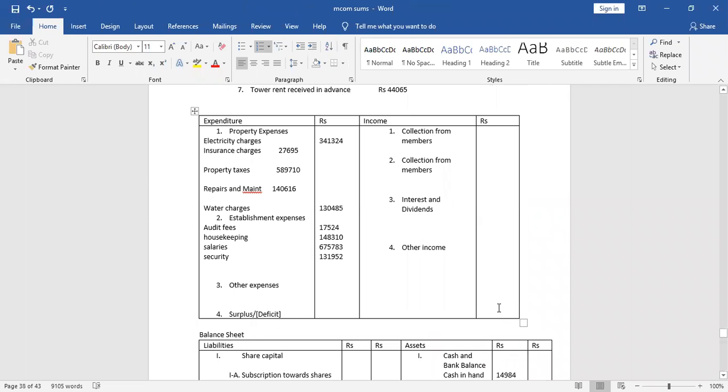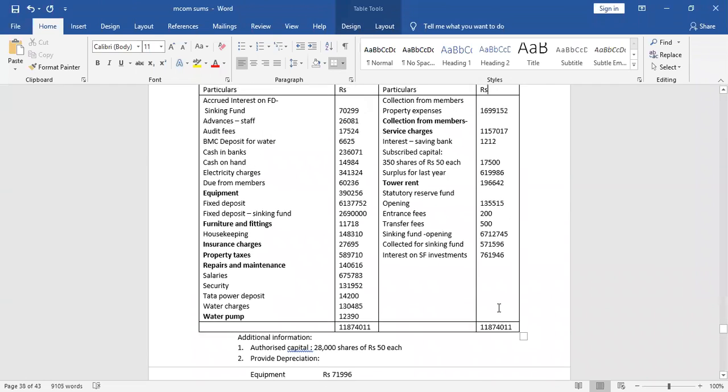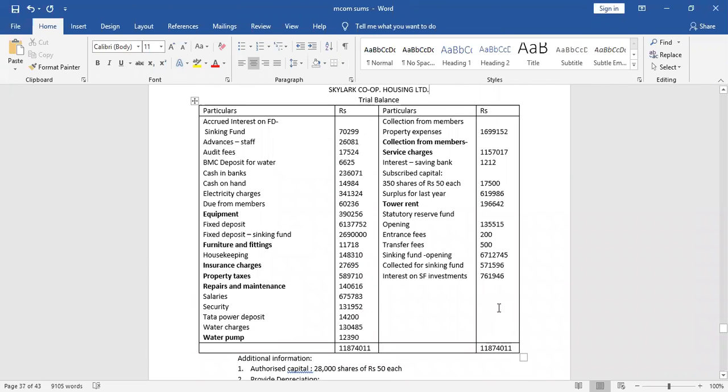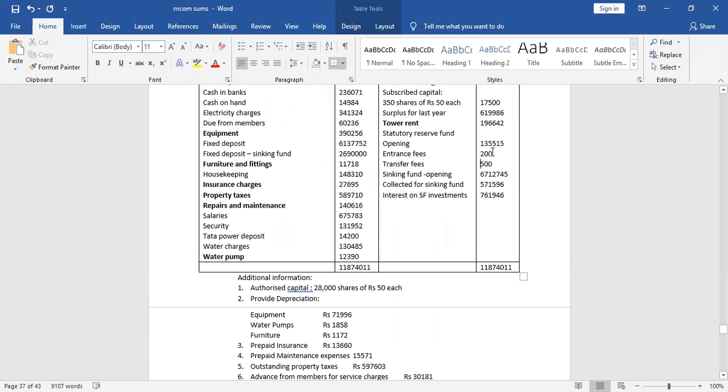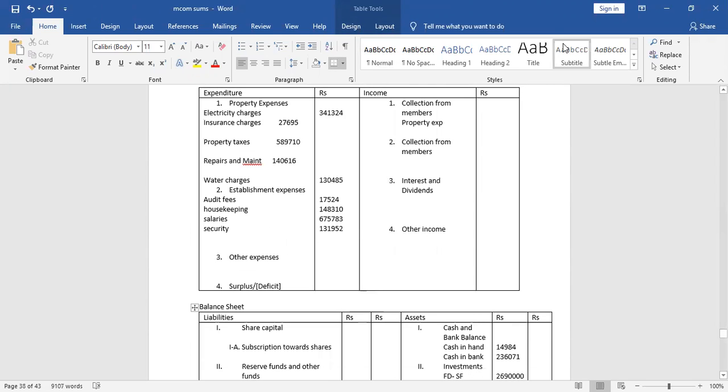Okay. So we have done all the debit side posting. Now we will go to the credit side. Collection from members for property expenses, 16,99,152. The amount is 16 lakh 99,152.